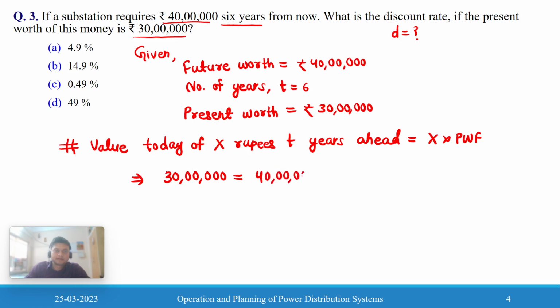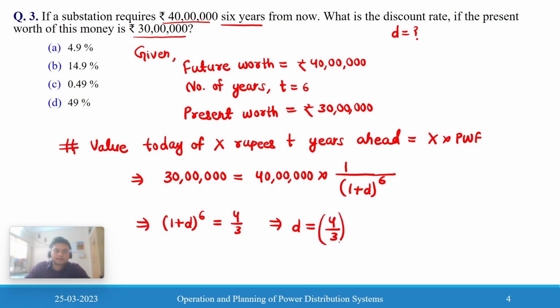We know that the present worth factor is 1 divided by (1 plus d) power t. So the t value is 6. So from here you will get (1 plus d) power 6 is equal to 4 by 3. Therefore you will get the d value as (4 divided by 3) power 1 by 6, minus 1.